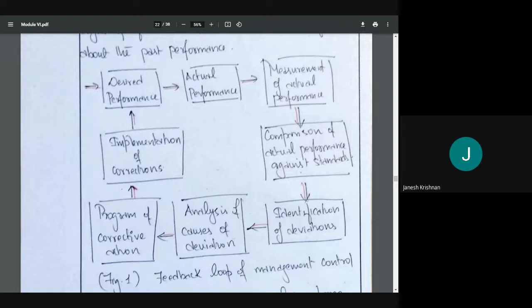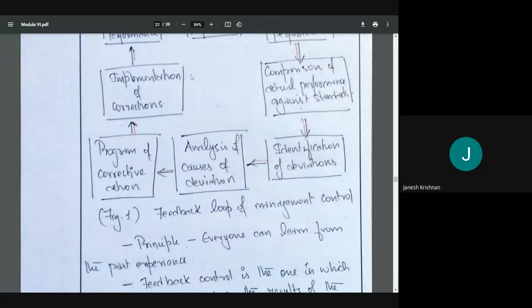When controlling is used as a feedback system, where do we implement this correction? We implement it at the beginning, when we are giving the inputs, or modifying or designing the process. That is the feedback system, based on the result.